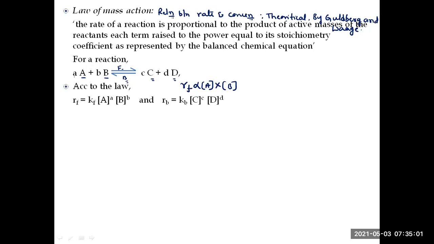Which are the stoichiometric coefficients of A and B? Small a, small b. You have to raise the power, at a constant temperature. You can add that at constant temperature.